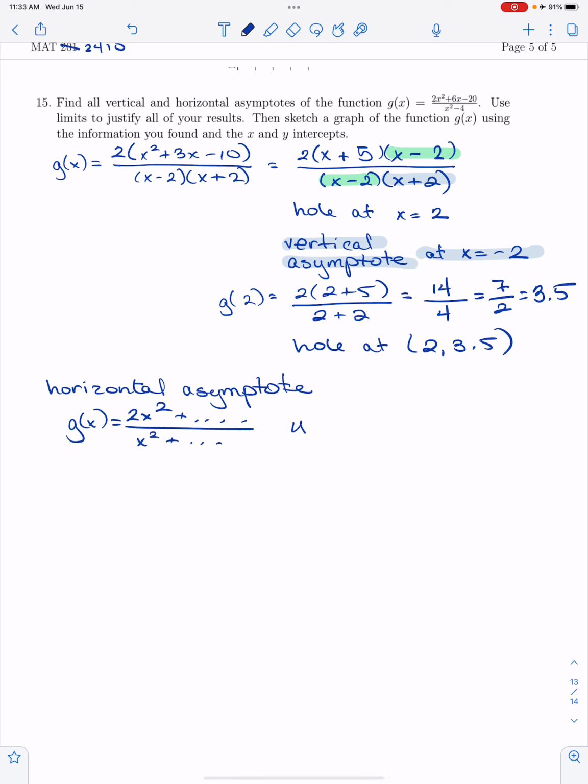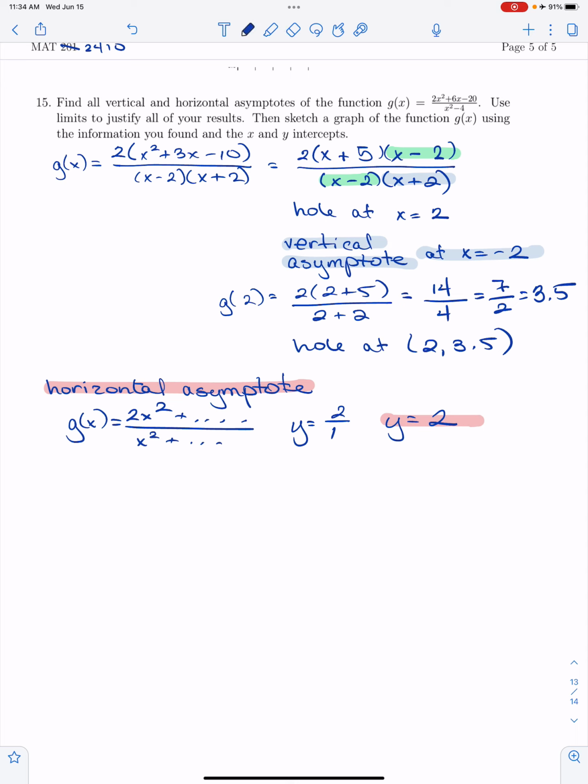So our horizontal asymptote is the ratio of those leading coefficients. We get y equals 2.